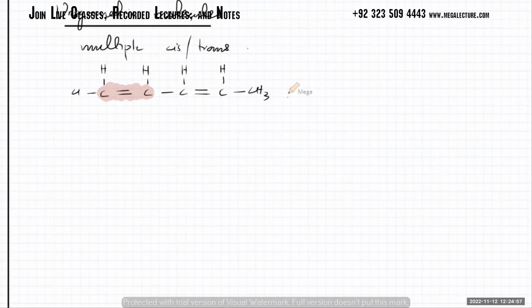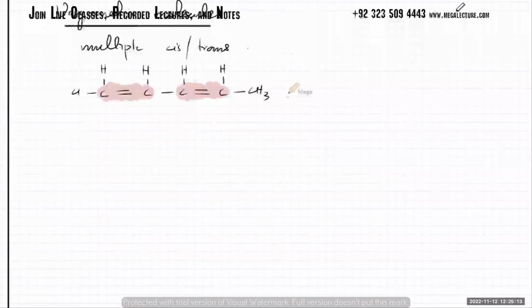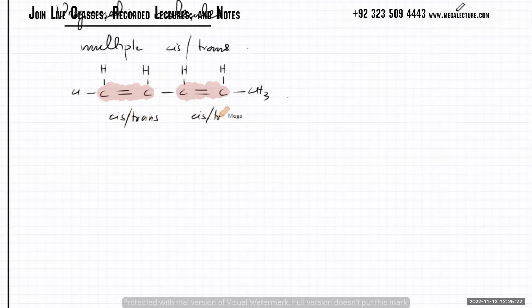What about this other double bond? Will it have cis and trans? This side is different, and if you stand on the other side, this side is also different. H on one side and this on the other. So that means both double bonds are making cis-trans arrangements, right? Yes sir. So you can have cis-trans here, and you can also have cis-trans over here as well.